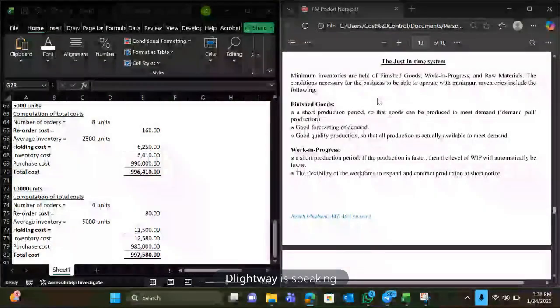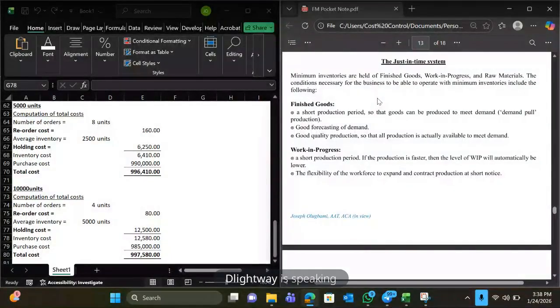The second one, which we spoke about while introducing the topic, is the just-in-time system. Just-in-time system, just like the name, is not difficult. That's why ICAN can examine it itself. You just need to use your understanding. You don't need to know many definitions, or pour back a definition because you've read it. Just use your own understanding of that word to give it back to them. That's all it demands from you.